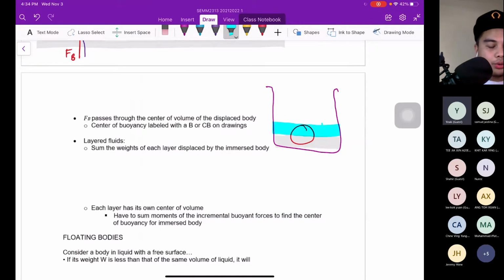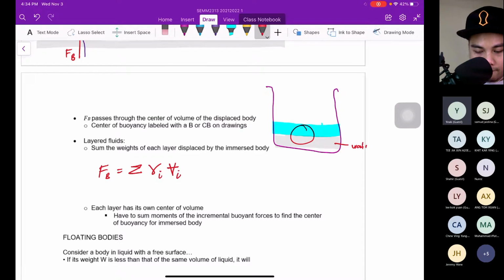So how do we calculate the buoyancy force when you encounter different layers? You must use the summation of force. FB is equal to the summation of gamma i times displaced volume i. This is maybe water, and this is oil.